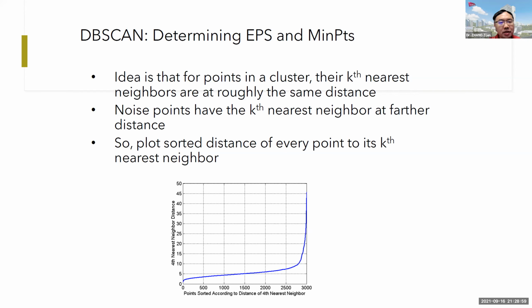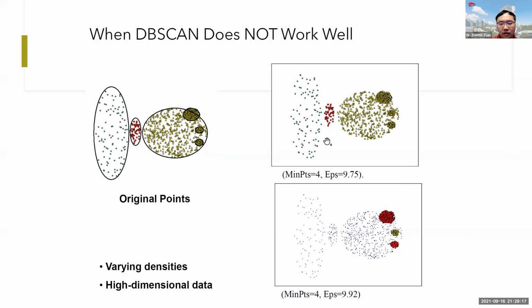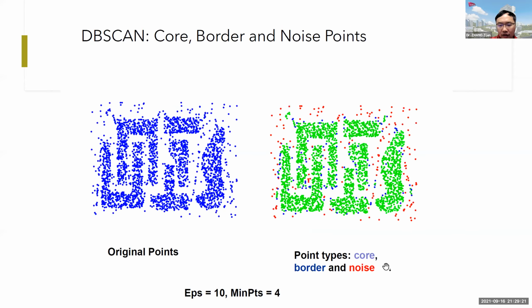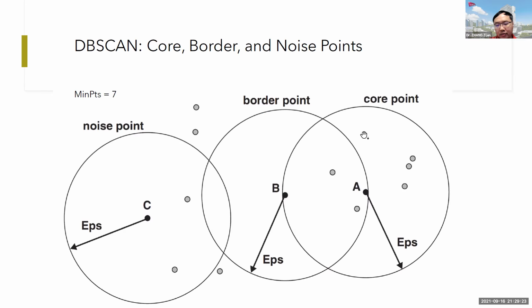So when you use DBSCAN, you need to determine the epsilon and the minimum points. The idea is that for points in a cluster, their kth nearest neighbors are at roughly the same distance. That means we want their neighbors to have similar distance to the center.